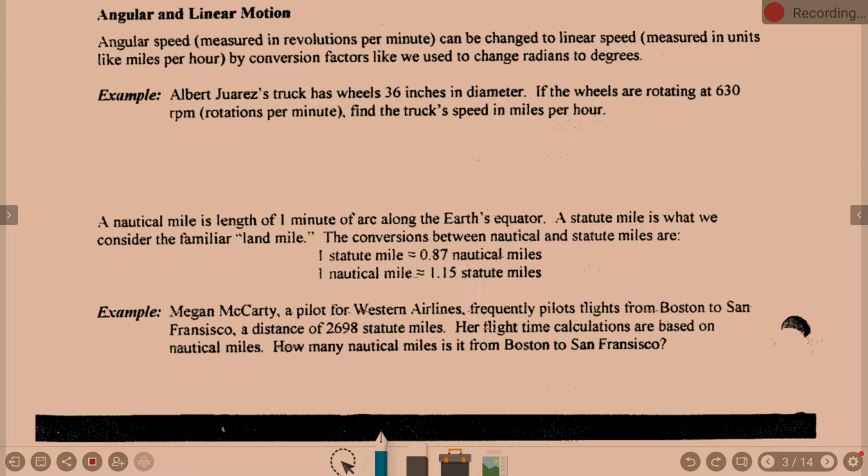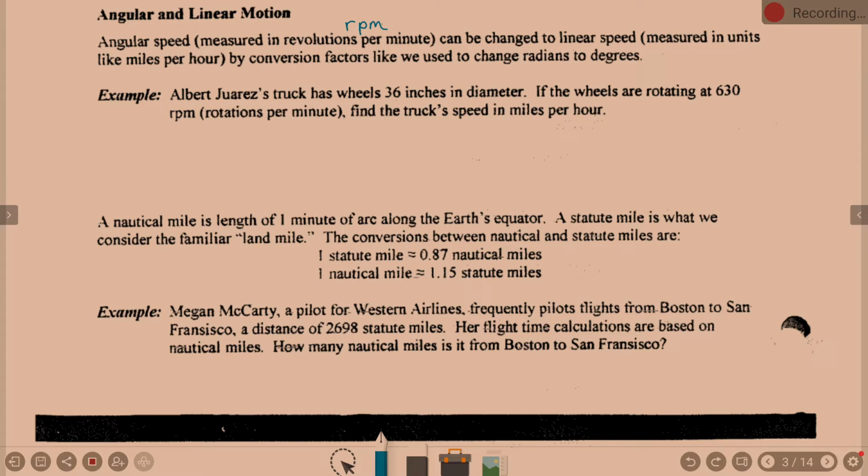Angular speed, measured in revolutions per minute, or more commonly referred to as RPMs. If you have an RPM dial on your dashboard, it goes really high. It shouldn't go really high sometimes. Anyways, angular speed can be changed to linear speed, measured in units like miles per hour, by conversion factors like we use to change radians to degrees. So again, we're going to be talking about multiplying by fractions, getting units to cancel.